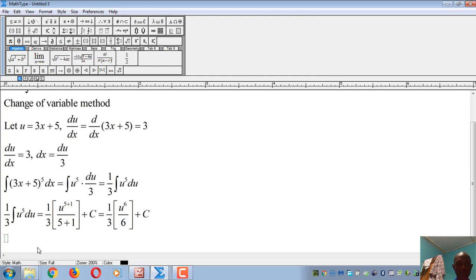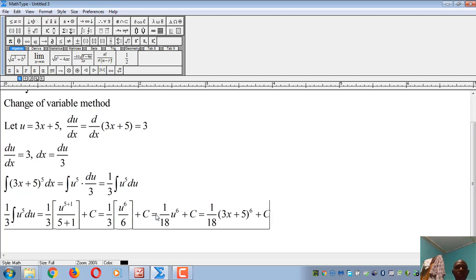What we have at the end of the day is 1 over 18 u raised to the power of 6 plus c. So our final answer, we can write it like this: 1 over 18 (3x + 5) raised to the power of 6 plus c. So that's it.